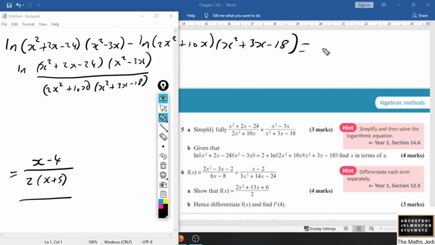And of course, I forgot the number part, but the 2 is left over here. And the 2 is left over there.